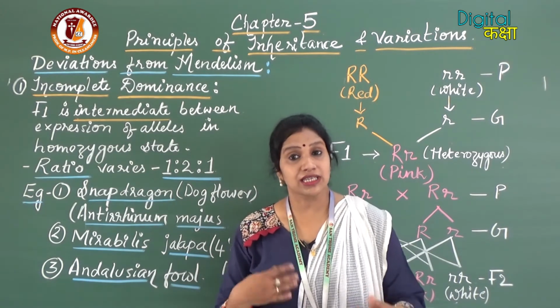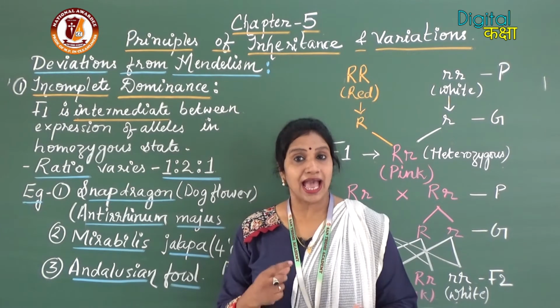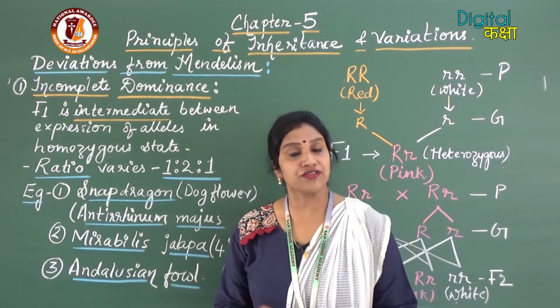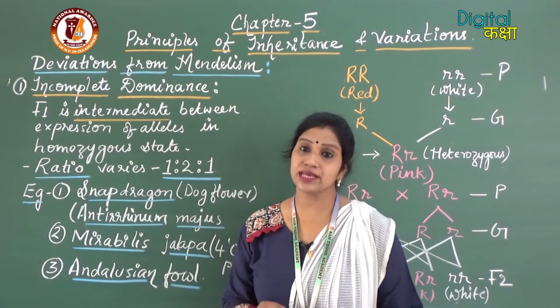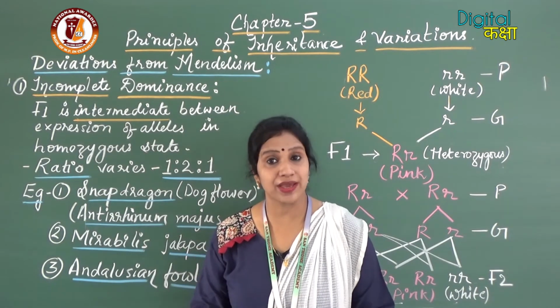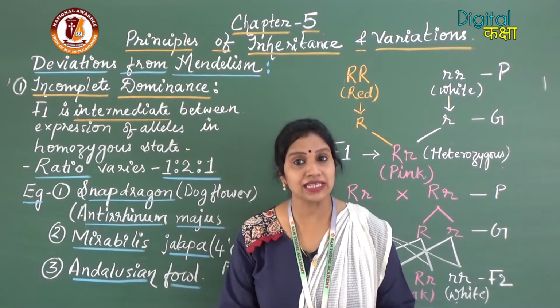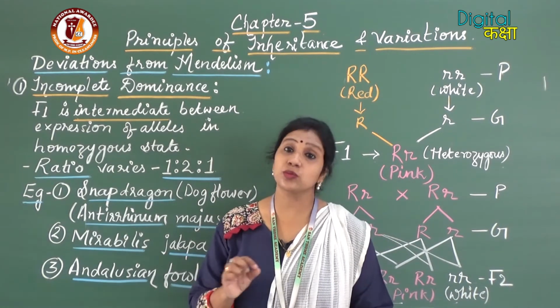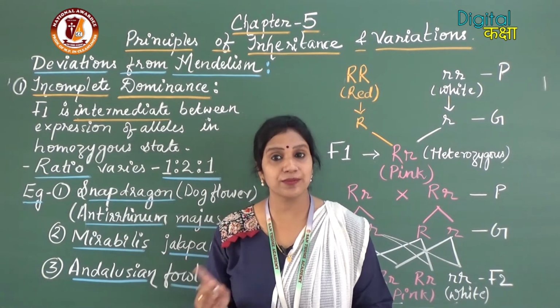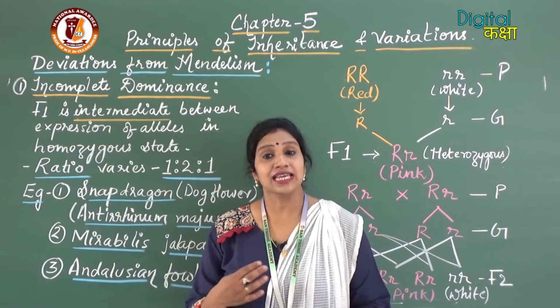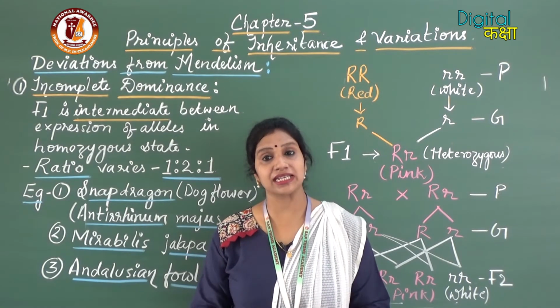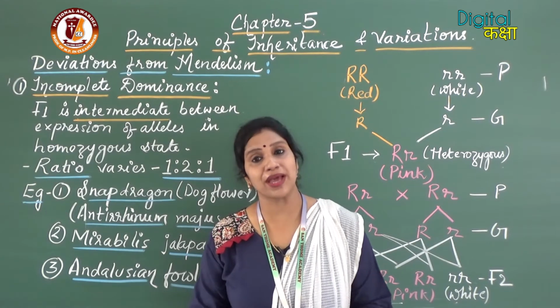The ratio will vary, and the F1 hybrid will not resemble either of the parents. The main thing is that the F1 is intermediate, showing characteristics between the two parents.